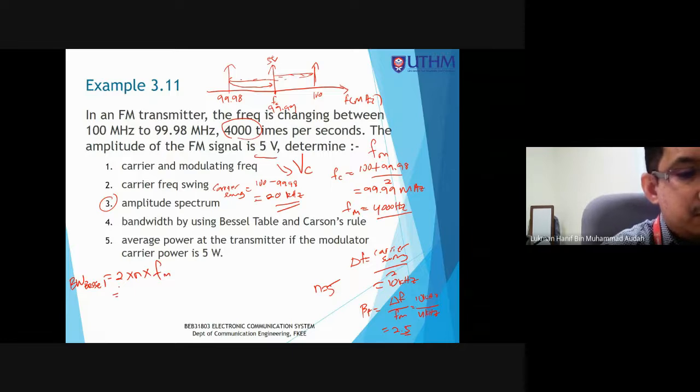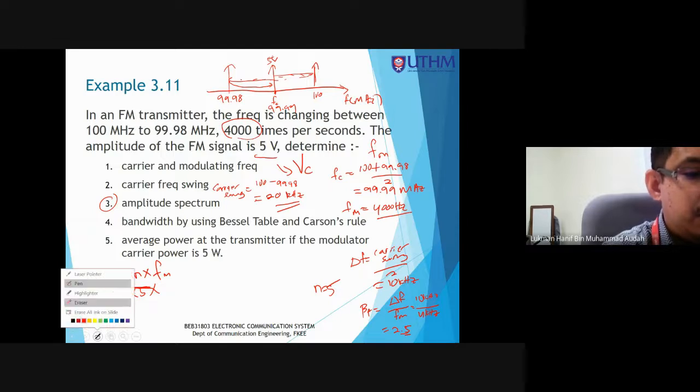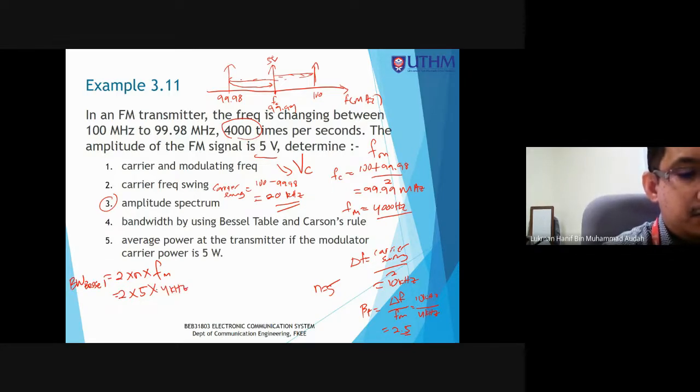So this is 2 times n, here n is 5 because we have 5 significant sidebands, multiplied with 4 kilohertz. So this is 10 times 4, so 40 kilohertz.